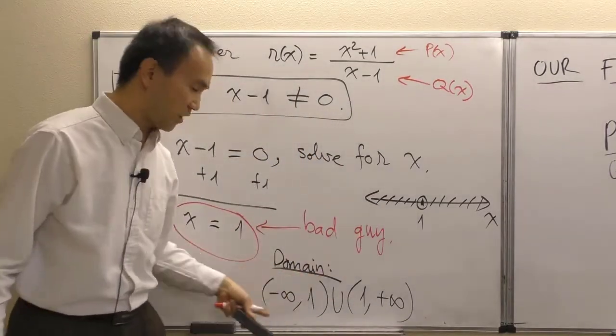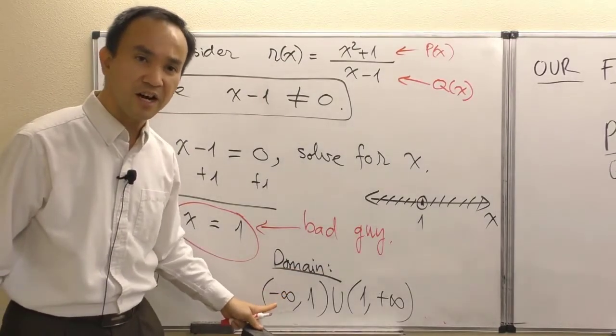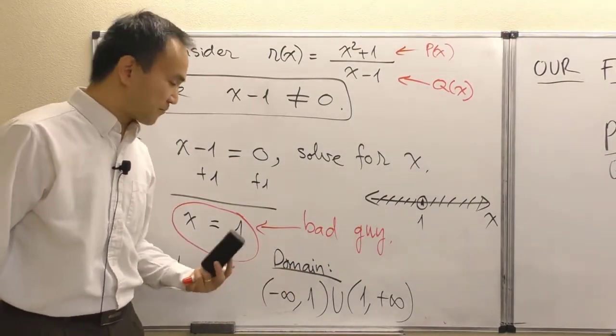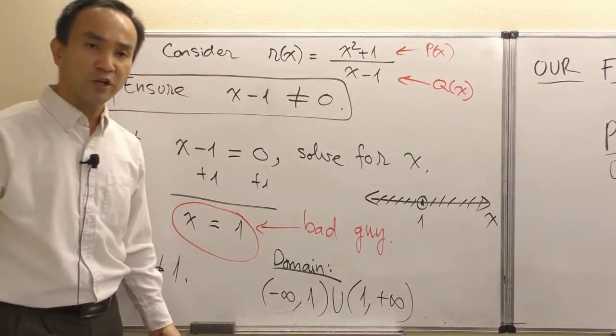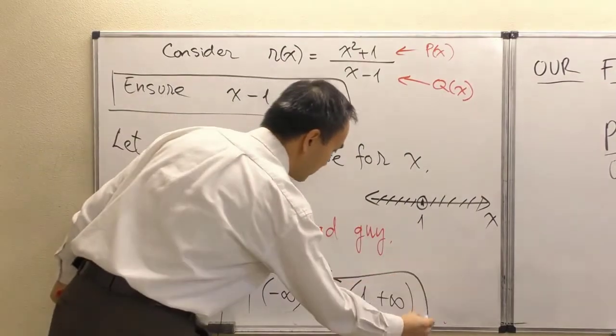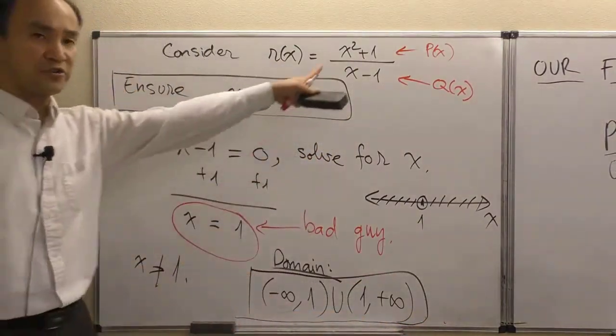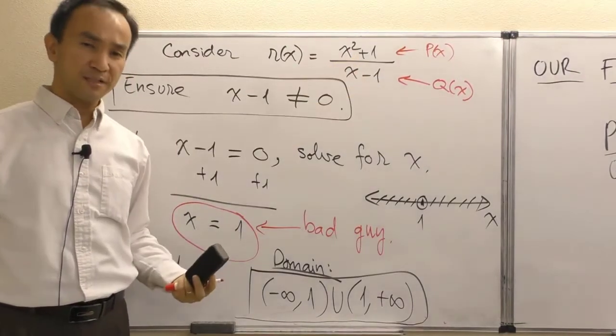Whatever I'm doing here with the interval notation is familiar work that we have done quite some times in our earlier lectures on finding the domain generally. So this is the domain of this particular rational function, x squared plus 1 over x minus 1.